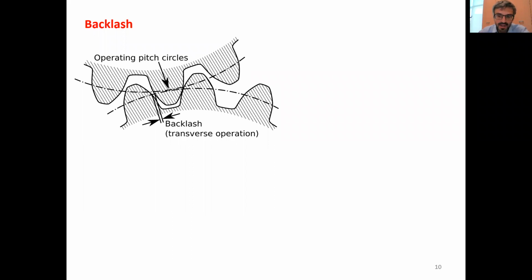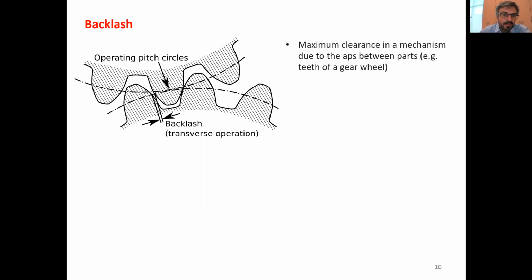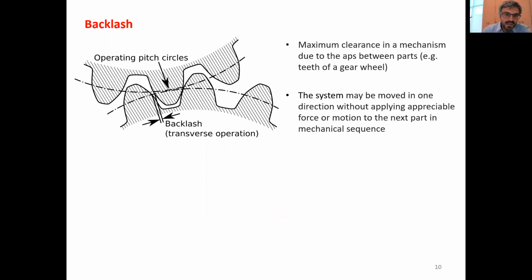Then we have another aspect that I slightly introduced before, that is backlash. Backlash is related to situations when you have some clearance in a mechanism due to the gaps between parts, for example, the teeth of a gear wheel. Because of these gaps, the system might move in one direction without applying any force on the next part of the mechanical sequence.